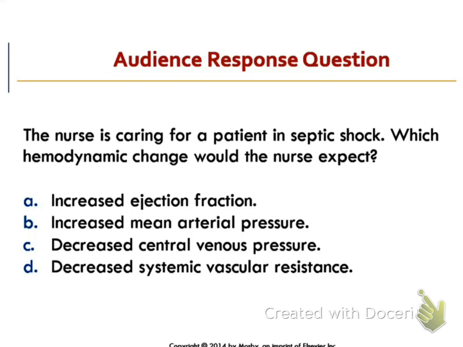So it's D. You're going to have decreased EF, decreased MAP. When we talked about decreased CVP, most of the time we're going to see that in the hypovolemic or obstructive shocks. But we're always going to see SVR, the decreased systemic vascular resistance in septic shock. That's it.